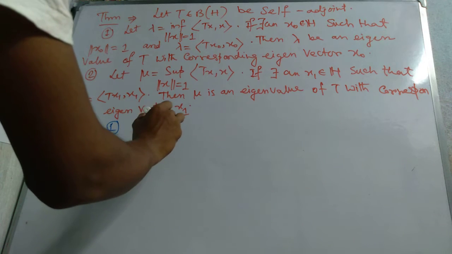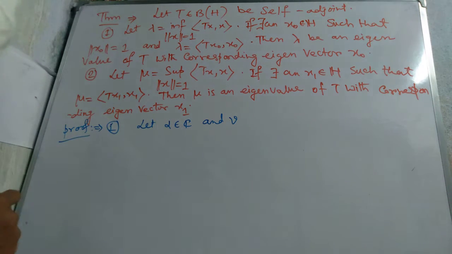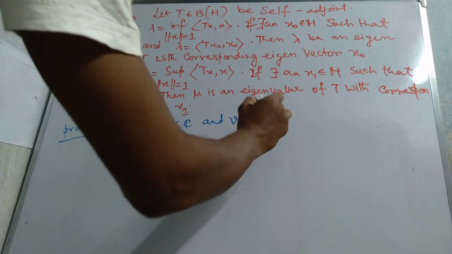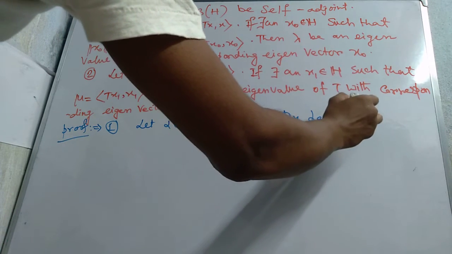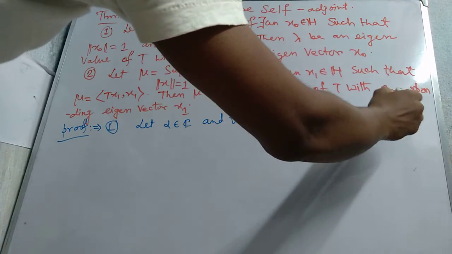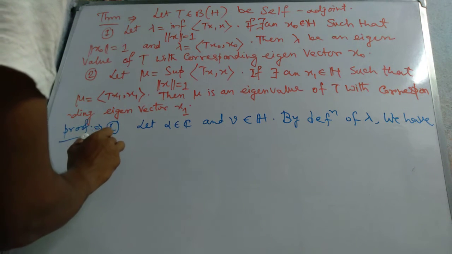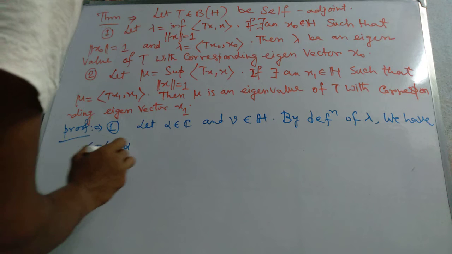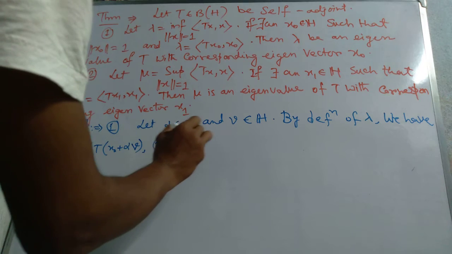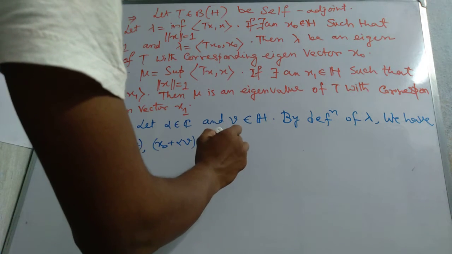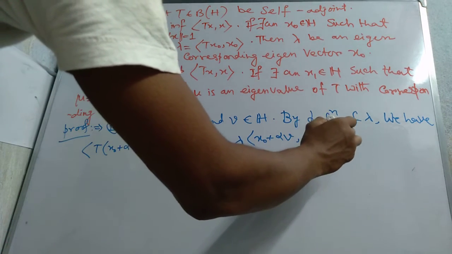Let alpha belong to C and v belong to H. By the definition of lambda, we have the inner product of T(x0 plus alpha v), x0 plus alpha v, greater than or equal to lambda times the inner product of x0 plus alpha v, x0 plus alpha v.